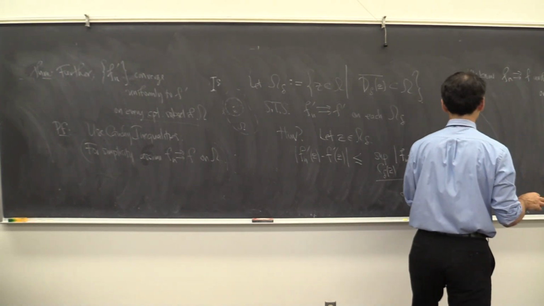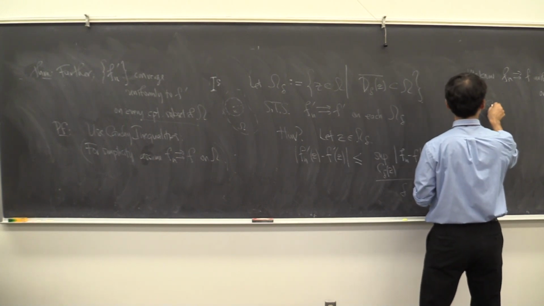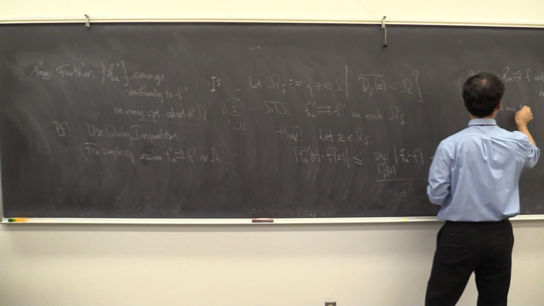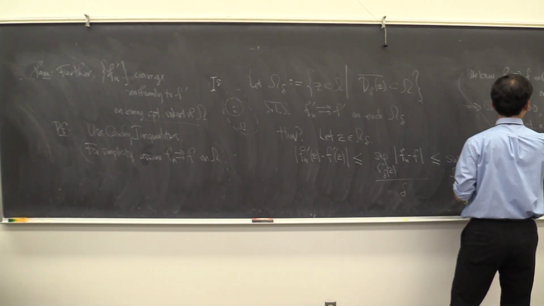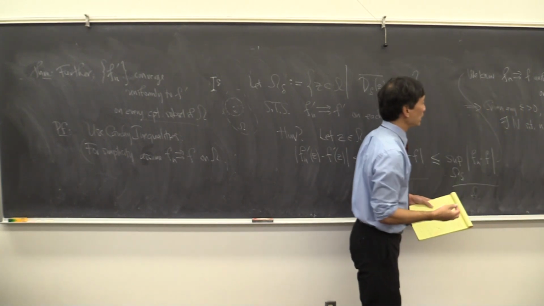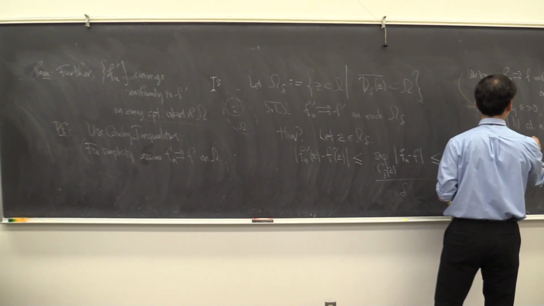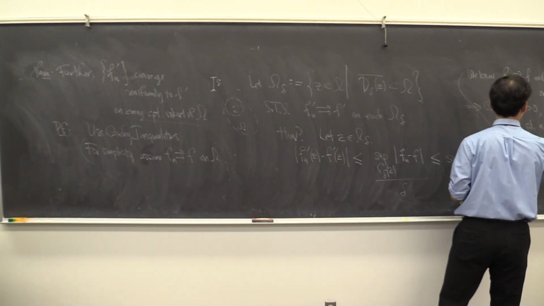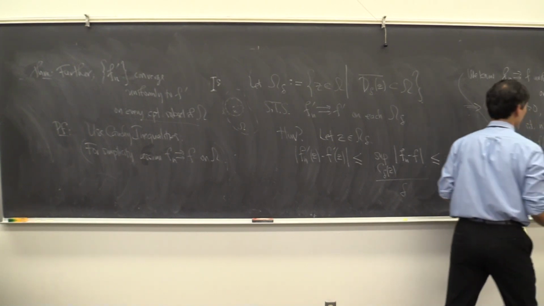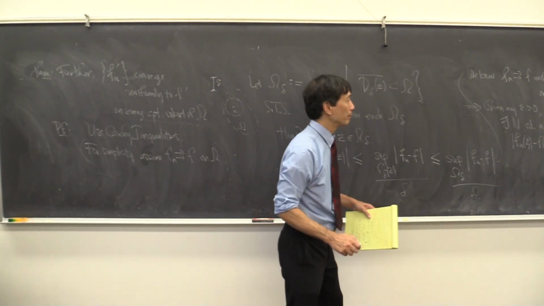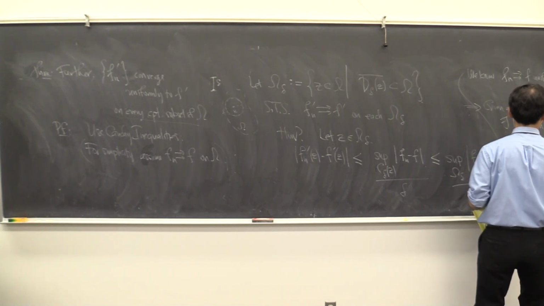So given any epsilon, there exists an n such that if you're past that, then the difference of Fn minus F is smaller than delta epsilon for all zeta in omega.